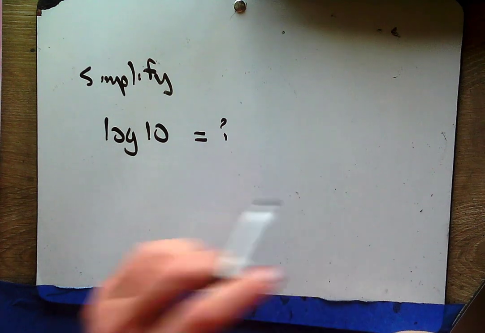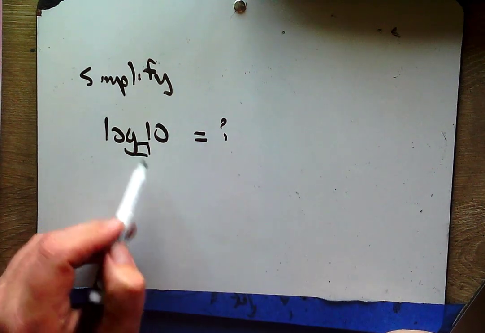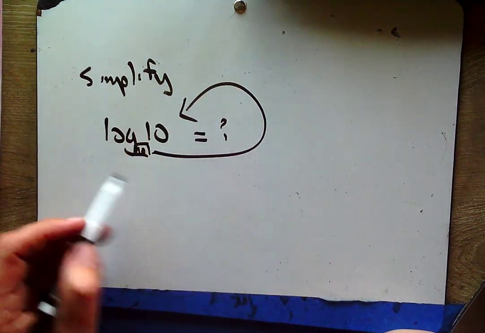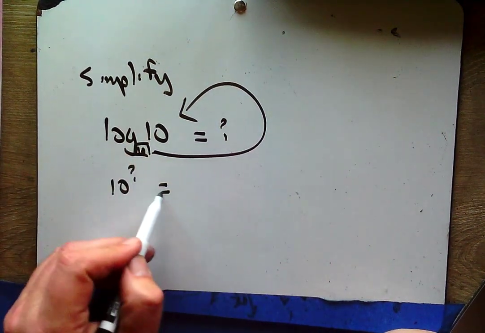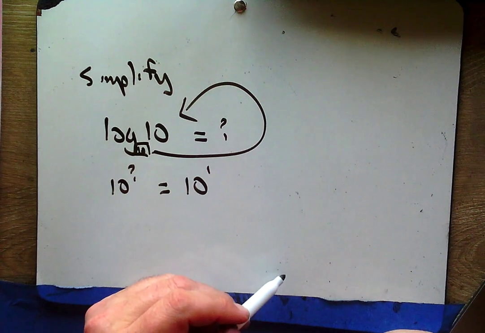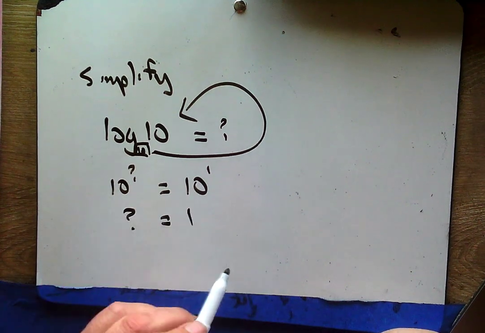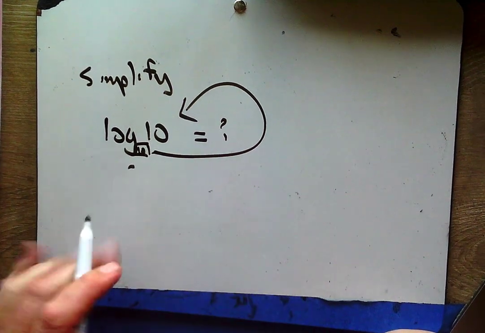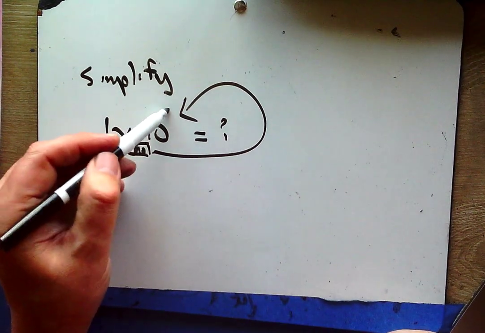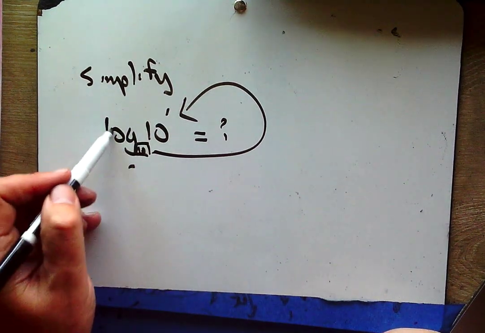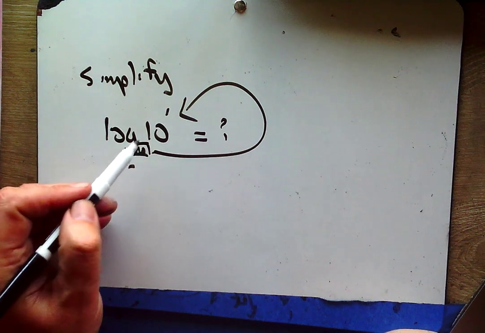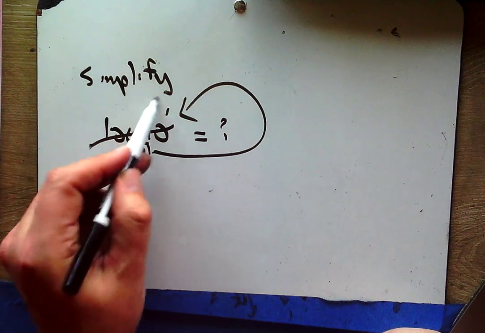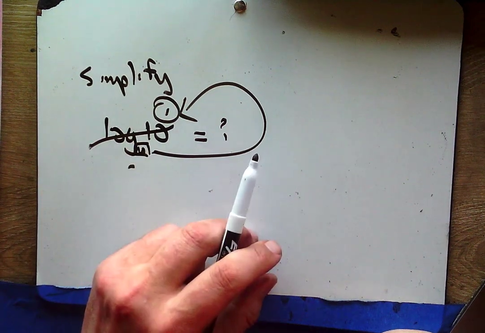Well, what's my log base here? Well, right, 10. So if I rewrite this as an exponential, 10 to the question mark equals 10. And so I know the question mark is 1. I could get to the same place by saying log base 10 of 10 to the 1, these cancel, and I'm left with that 1.